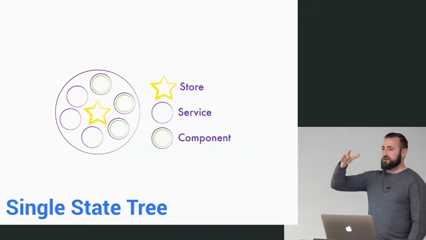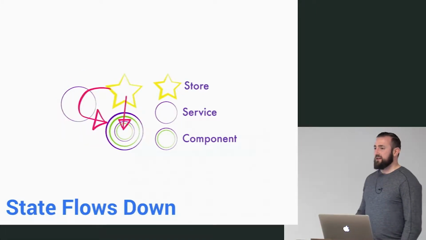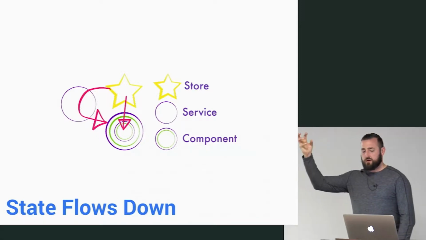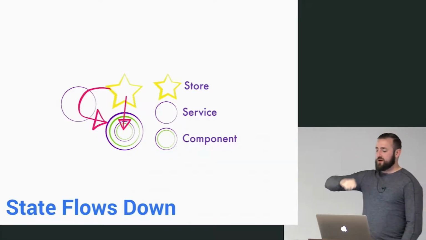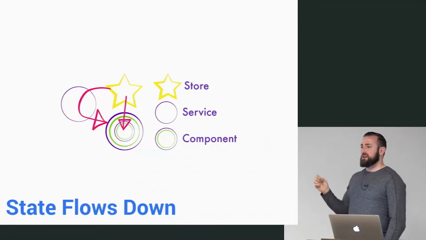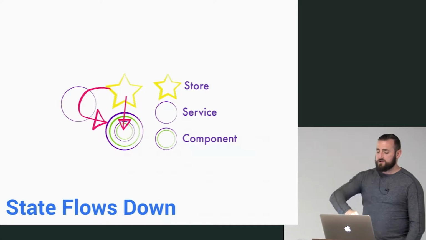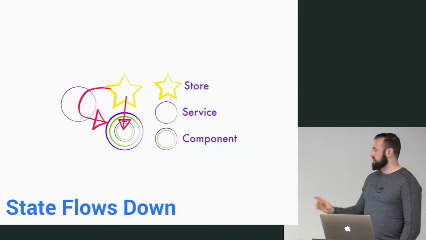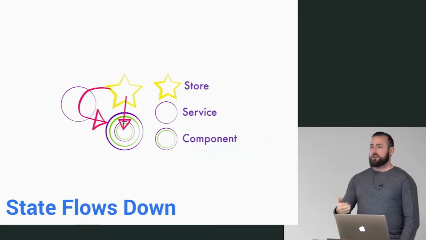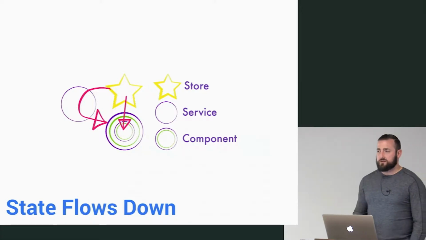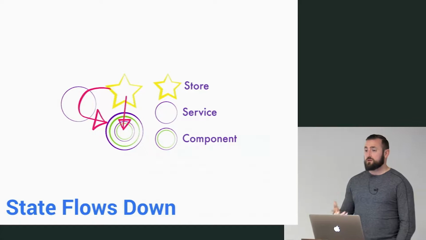But then we turn this tree on its side, and we have state flowing from the store through the rest of your application. State can then go to a service and to your component, which are these rings at the bottom. Or in very simple cases, you can pull state directly from the store, depending on what you want to do.